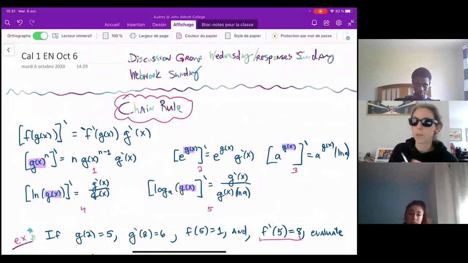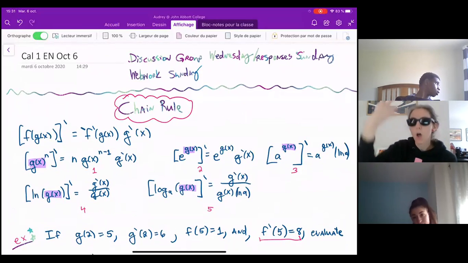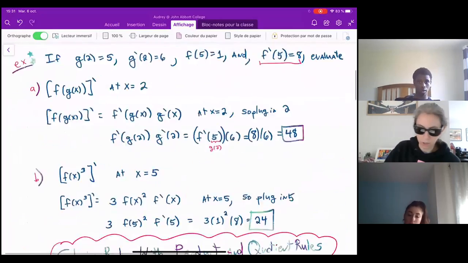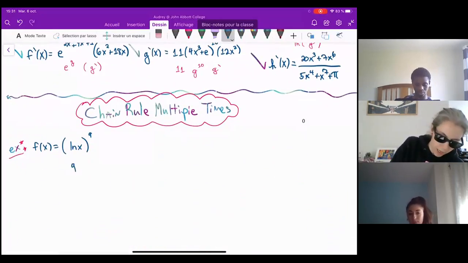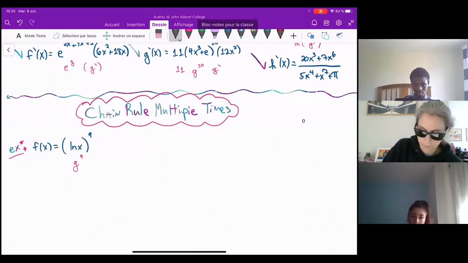I'm using 1. That ln is to a power. It's not ln of x to the 9th. It's ln of x all to the 9th. The ln itself is to the power. So what I have here is like g to the power of 9. You guys see that? And how we're using 1 here and not 4?